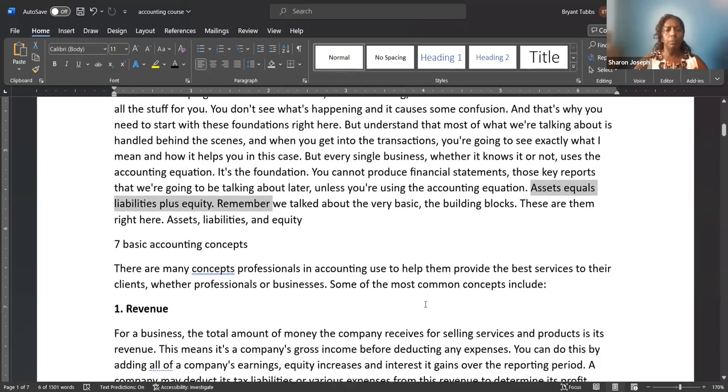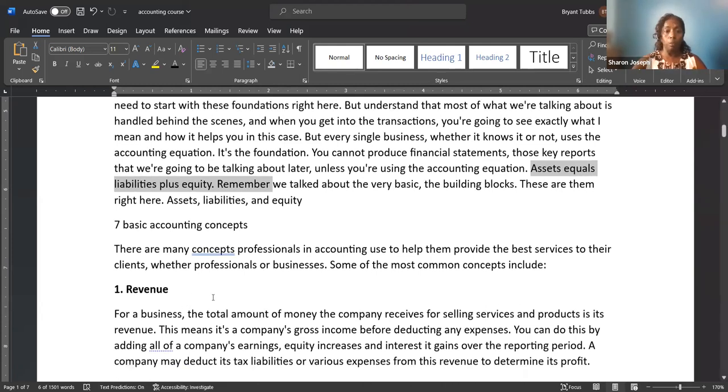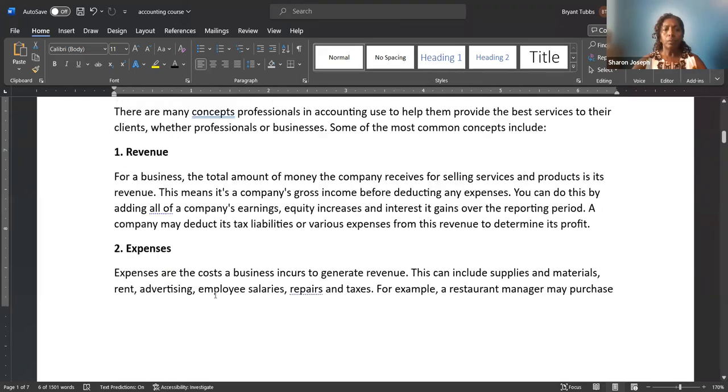So let's keep moving forward into 7 basic accounting concepts. There are many concepts professionals in accounting use to help them provide the best services to their clients, whether professionals or businesses. Some of the most common concepts include, number one, revenue. For a business, revenue is the total amount of money that the company receives for selling its services and products.